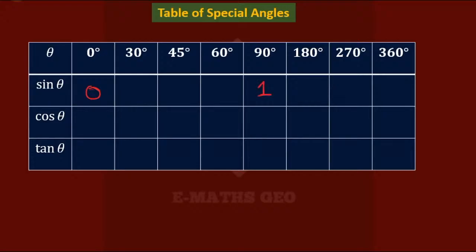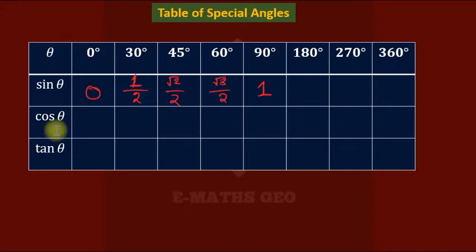The others will have a denominator of 2, and the numerator will start from 1, with 2 and 3. Once we are able to know these 5, the others will be very simple. You'll be surprised.